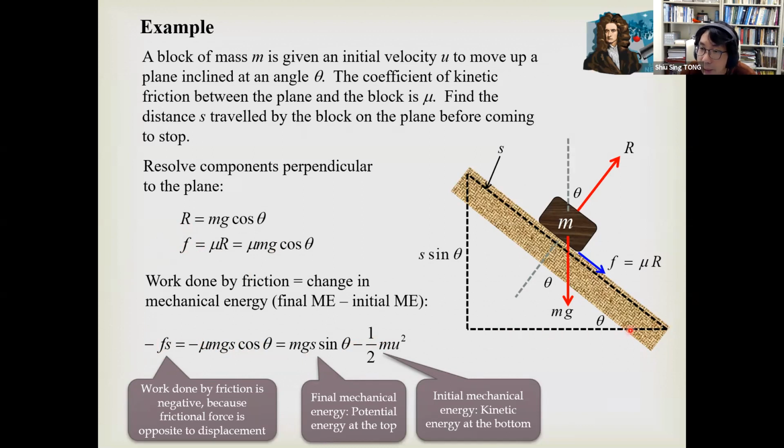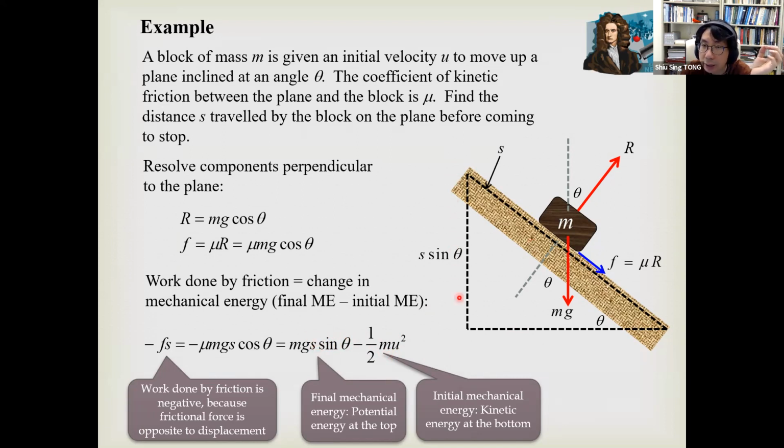Initially, if I take the lowest position to be the reference level of the potential energy, I initially only have the kinetic energy, half m u squared. That is the kick. I give it the initial velocity, and that is the initial kinetic energy. When I go to the highest position along the plane, the kinetic energy is gone, right? And all the energy becomes potential energy, and the potential energy is mg s sine theta.